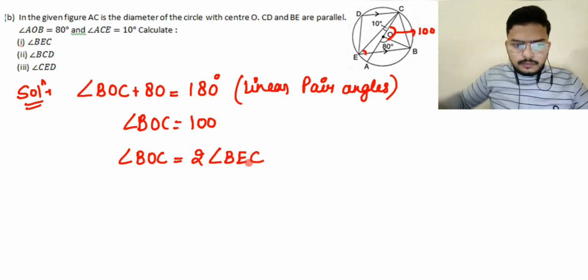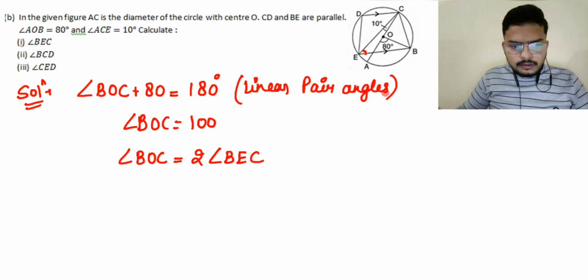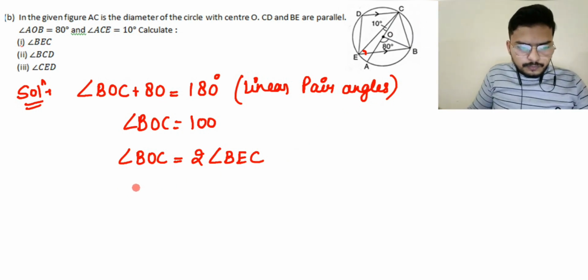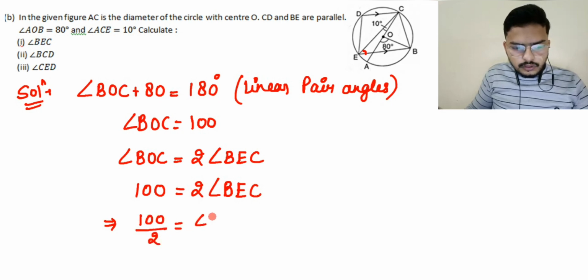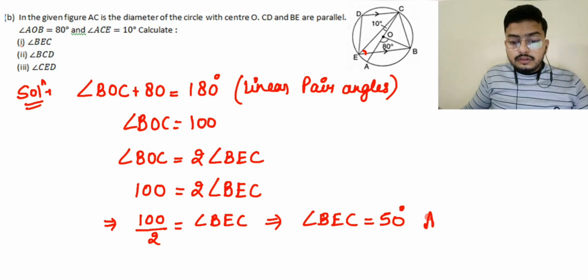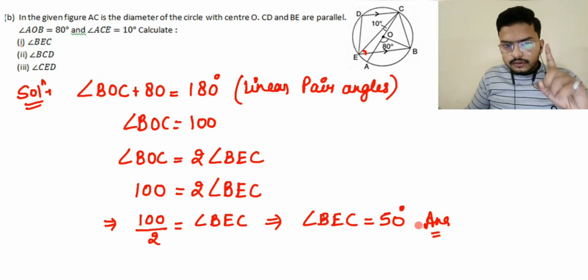So angle BOC must be twice angle BEC. So in place of BOC just put 100. This is equal to twice angle BEC. So from here you will get 100 divided by 2 equals angle BEC. So from here angle BEC is equal to 50 degrees.